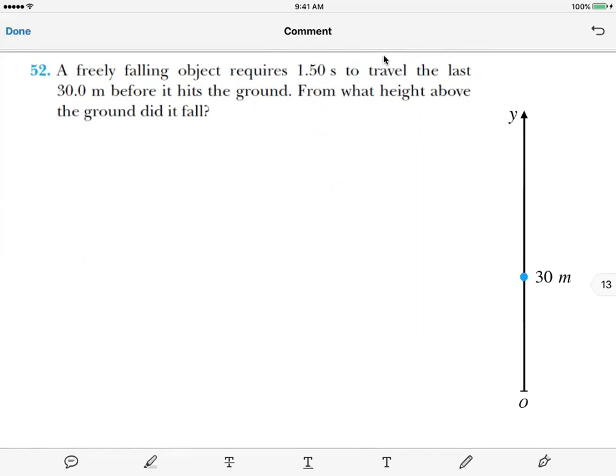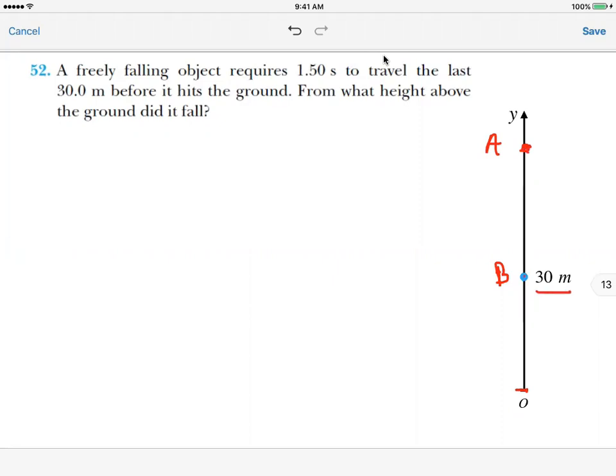So all we know in this given is the following. The object, let's call this point B. When it is at this point B, which is 30 meters above the ground, it needs 1.5 seconds to reach the point O. And from the question, we could guess that there is another point on top of point B, let's call it point A. So the object was released at point A. Then it reaches point B. Point B is at 30 meters above the ground.